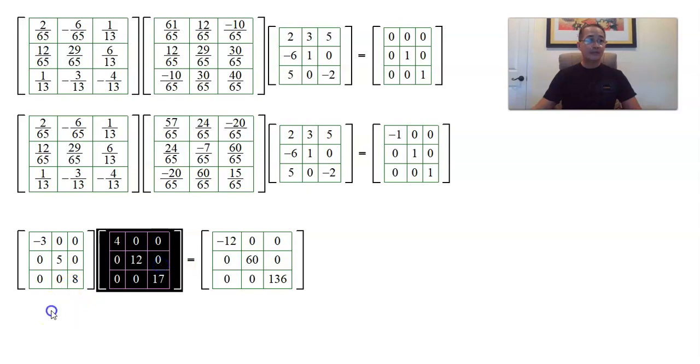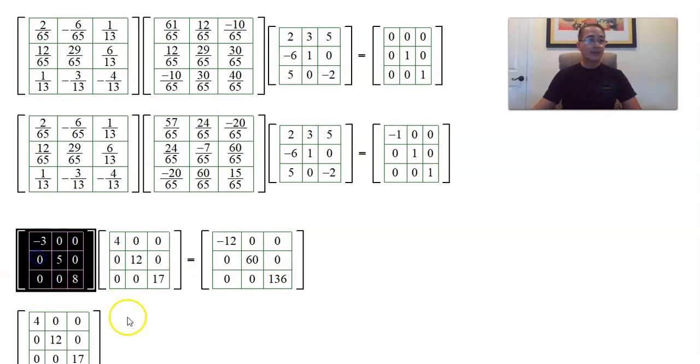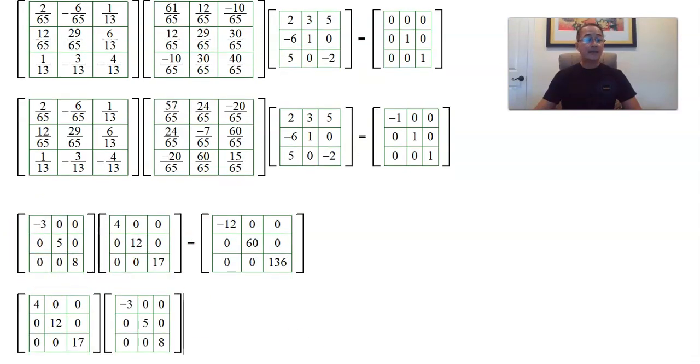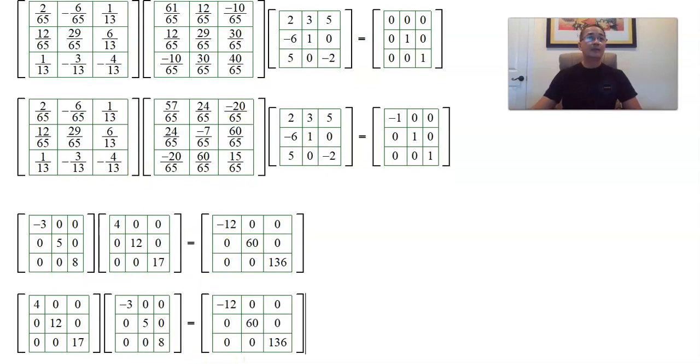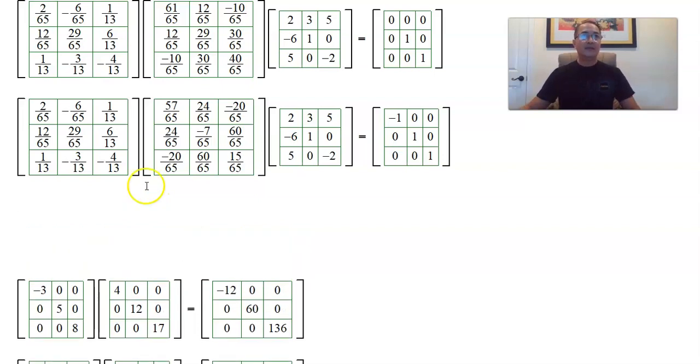When you multiply diagonal matrices together, all you have to do is multiply the diagonal components. So we get exactly the same matrix. What is not obvious is that if you multiply these 2 matrices, again, it doesn't matter which order of multiplication. You put them in, you'll get the same answer.